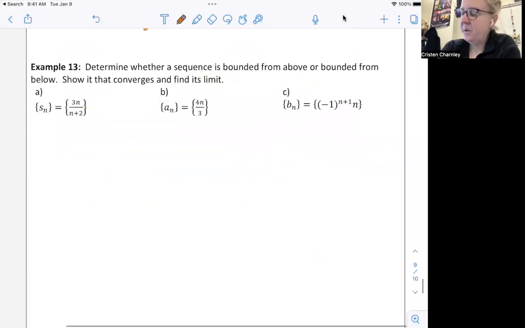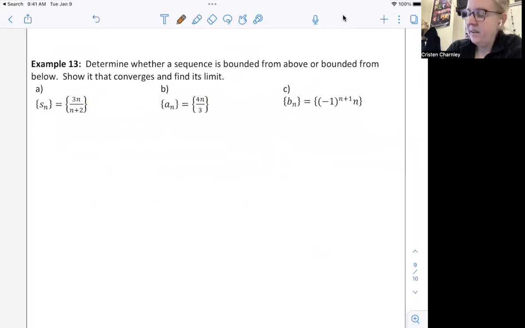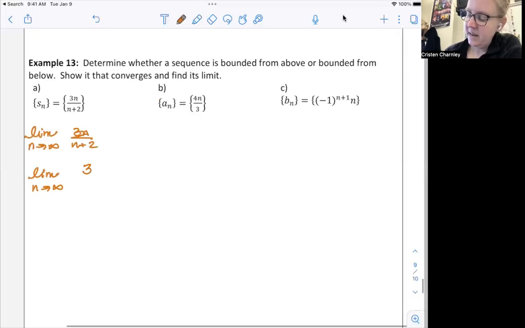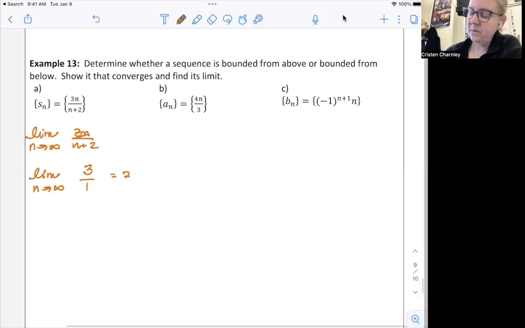Example 13, determine whether a sequence is bounded from above or bounded from below. Show that it converges and find the limit. So again, we're talking about infinity. The limit is n approaches infinity of 3n over n plus 2. If we put infinity in right now, that's infinity over infinity, that's indeterminate. So we can use L'Hopital, and I get 3 over 1, which is equal to 3.